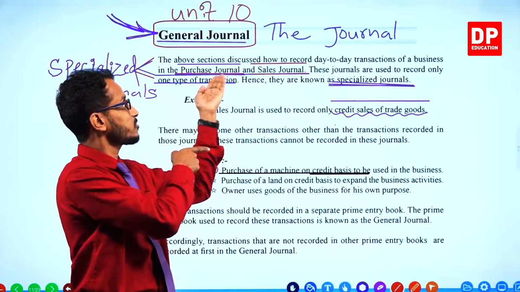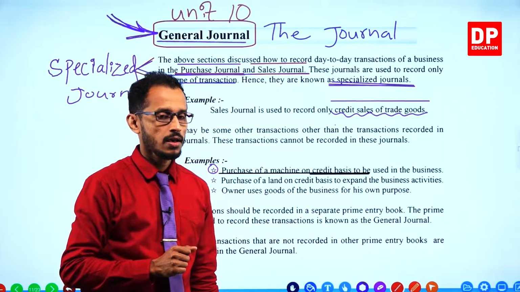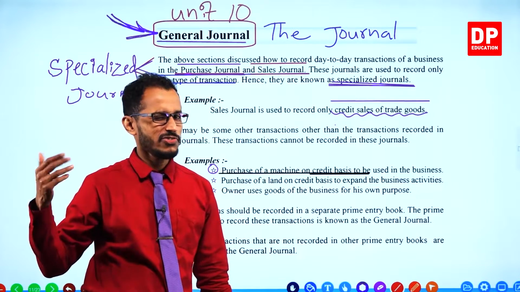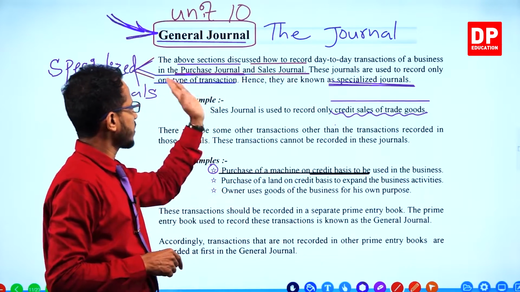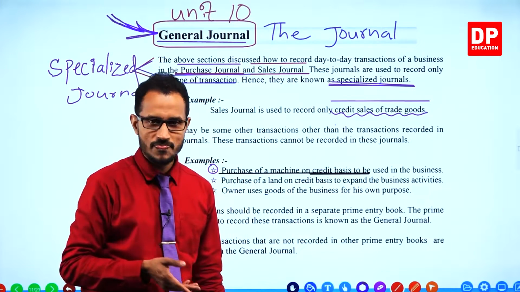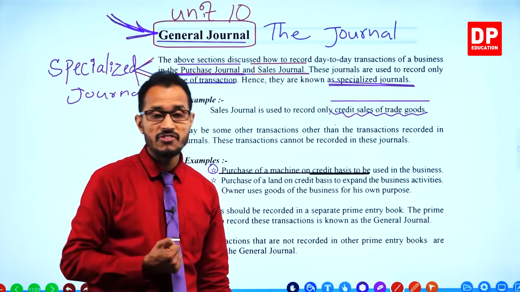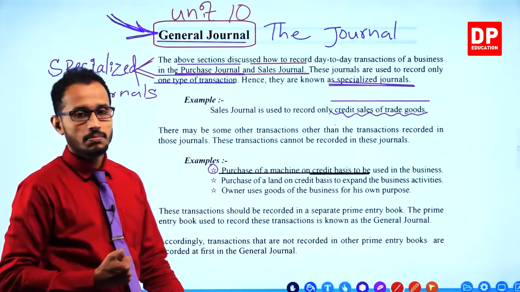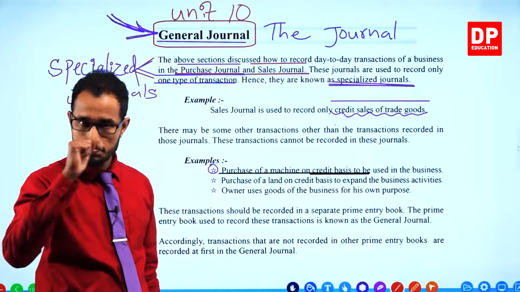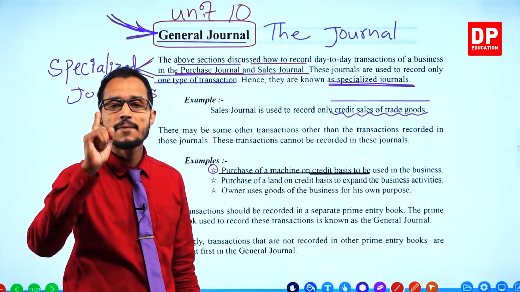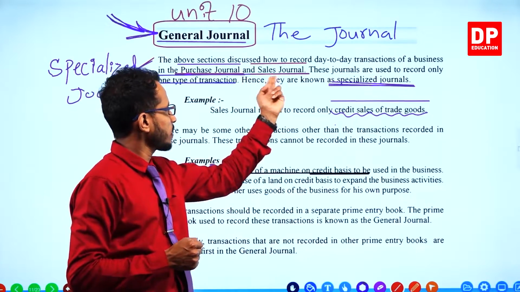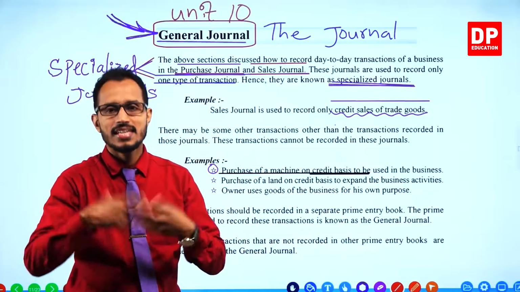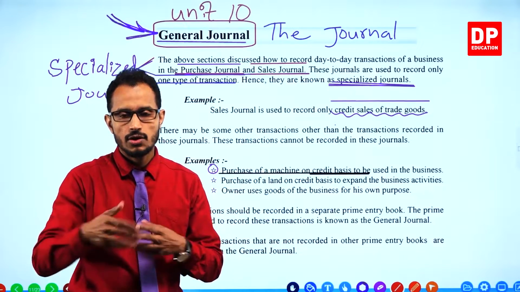Because the purchases journal is for credit purchases, remember? Just a few minutes ago I was describing the purchases journal and sales journal, and I was stressing the fact that the purchases journal is used to record credit purchases only. The sales journal is used to record credit sale of goods only, selling on credit basis.